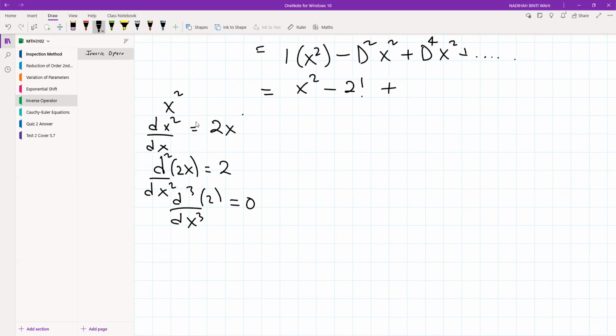So, nampak ke? Okay, so maksudnya seterusnya jadi kosong. So yang tinggal hanyalah YP sama dengan X kuasa 2 tolak 2.